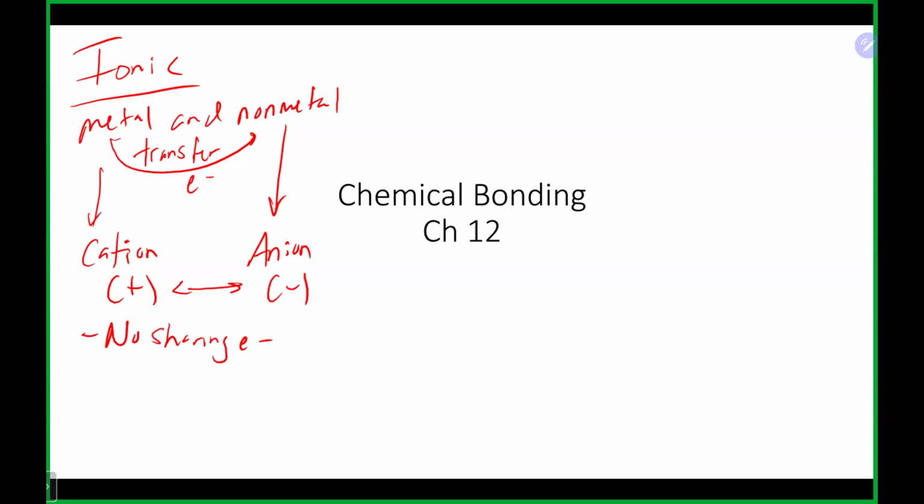Now, when we get into the other type of bonding that we'll talk about here, which is covalent bonding, that is typically between two nonmetals. And once again, based on those periodic trends, and where the nonmetals are located up there on the periodic table, they're all pretty much sitting in the same location. That means they all share very similar periodic properties, like I mentioned a second ago.